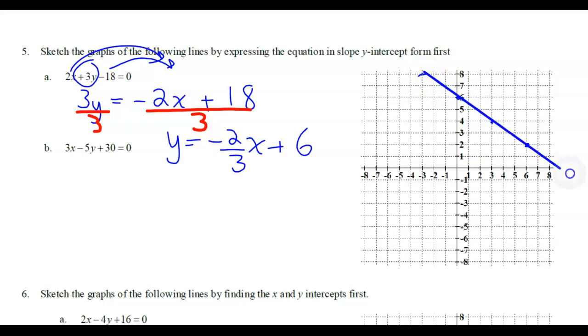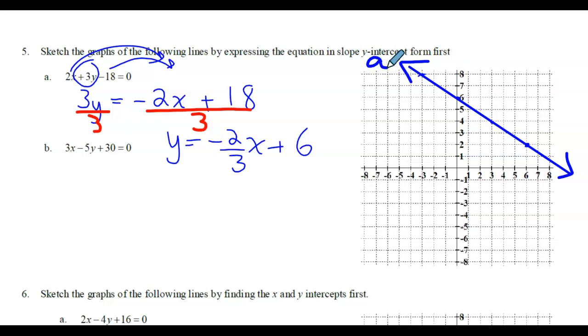Join them up. Put in arrows on the end. Sec, my computer's slow. All right. And that's part A.